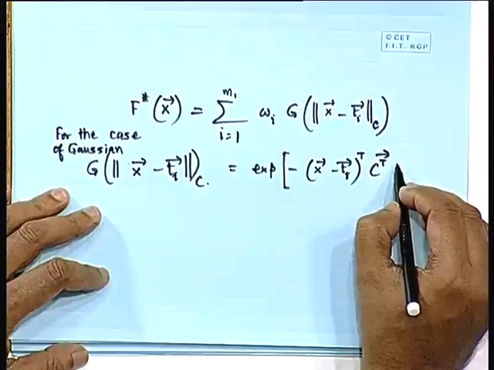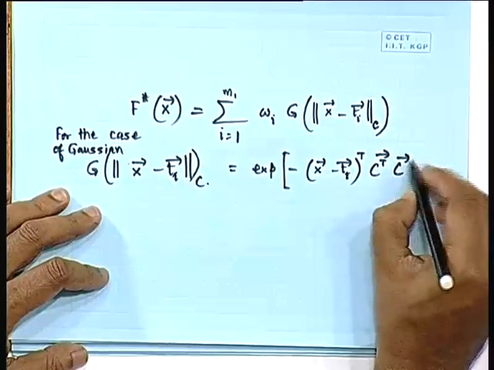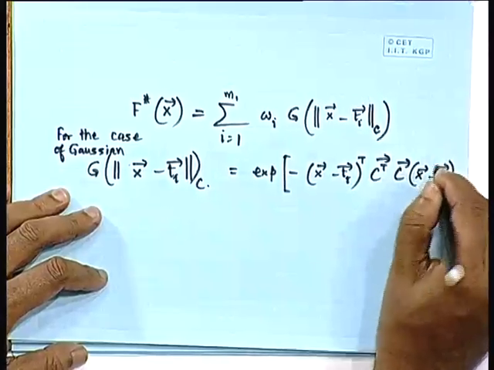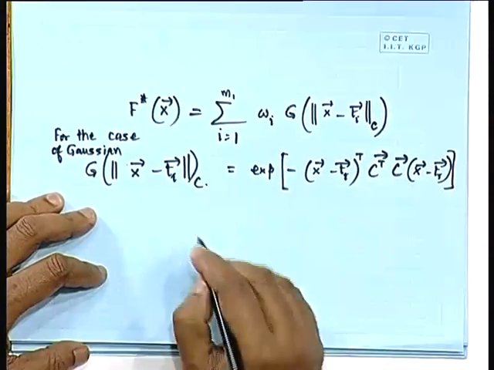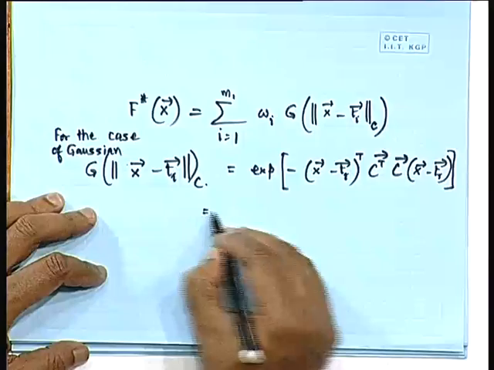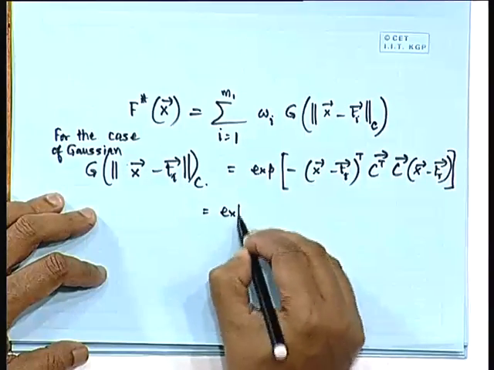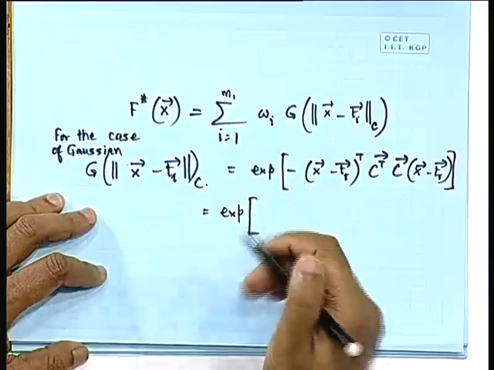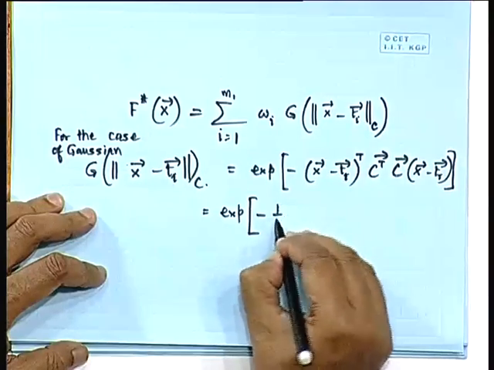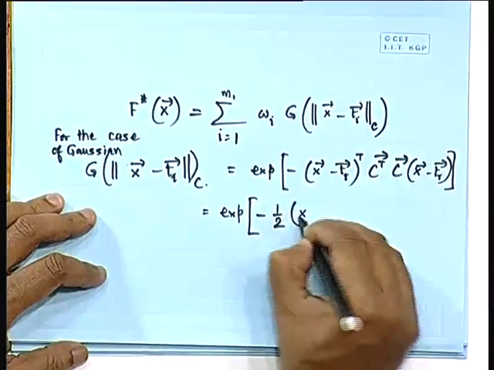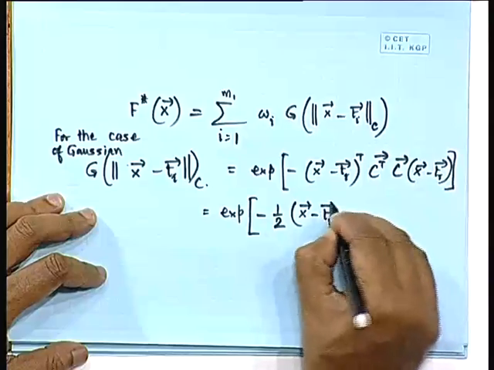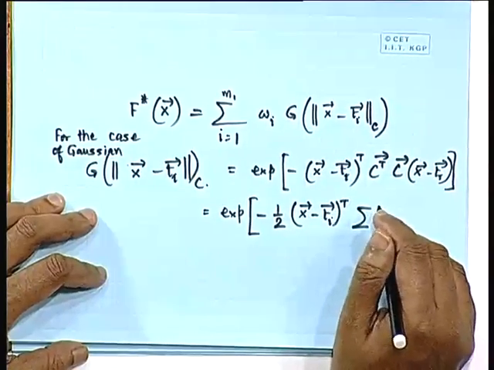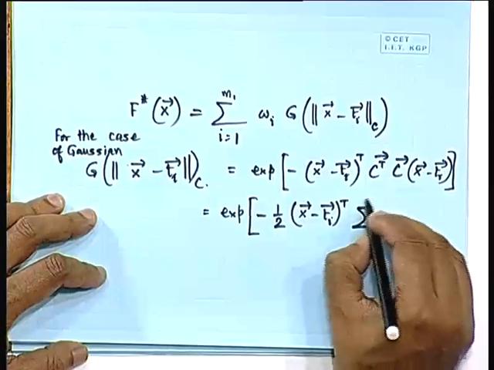Tell me, do not keep quiet. C and then x minus Ti, that is correct. So this becomes the argument of the exponential, and we can write this entire thing by some representation as minus half, x minus Ti transpose, and we are introducing a new matrix which we call the capital sigma matrix.